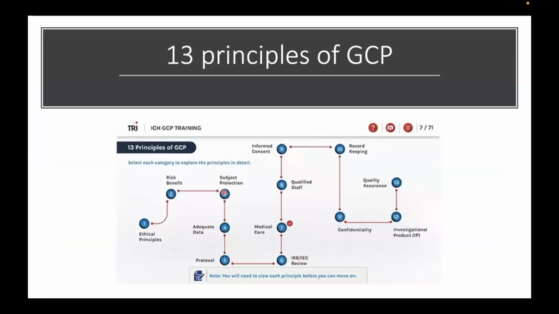So these are the 13 principles of the GCP. You have to be familiar with this. So first principle is the ethical principle. Second is risk-benefit.